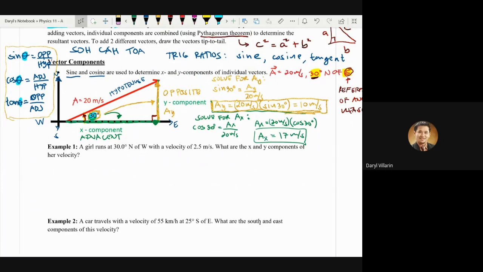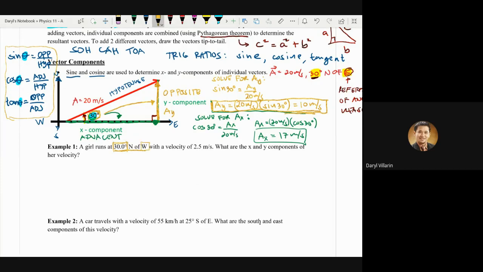So now, the first thing you need to do is find the location of this particular vector. It's north of west, 30 degrees north of west. Okay, remember that to identify where I should start measuring my 30 degrees, I'm going to look at the last direction.